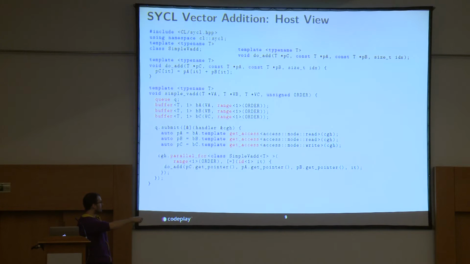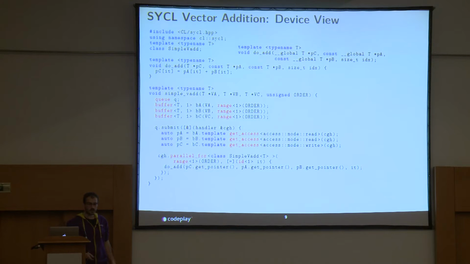But here's the thing. When I'm executing on an OpenCL device, this data, PC, PA, and PB, is in global memory, which means that the equivalent OpenCL code would more closely match this prototype. And our compiler is actually trying to pass all this information, the pointer qualifiers, directly down to the code.